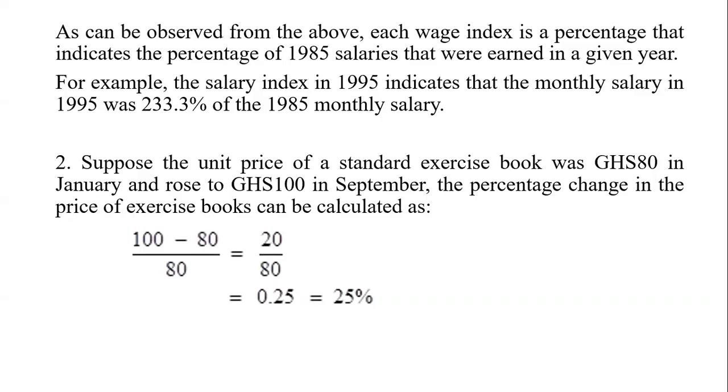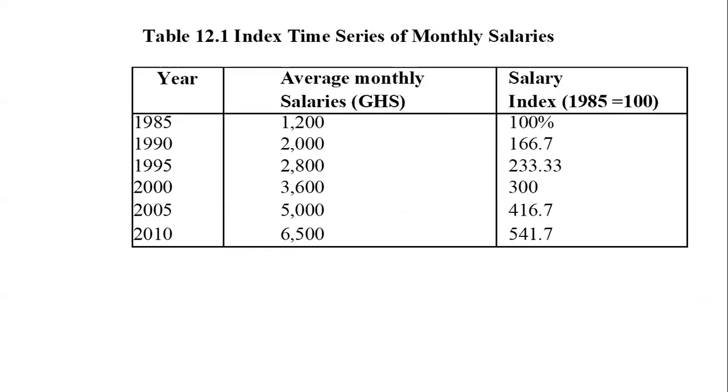Okay, so if you take 1990, it means that the person's salary for 1990 is 166.7% of the 1985 salary. If you want to see the difference, that means the increment is what? 66.7%.